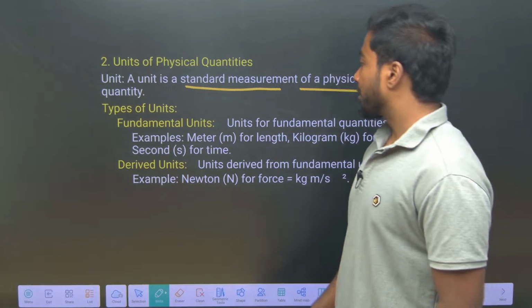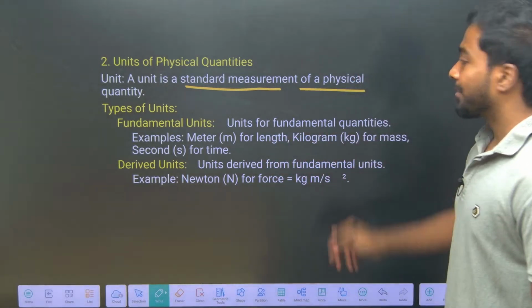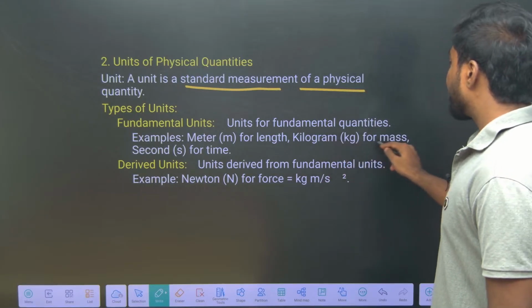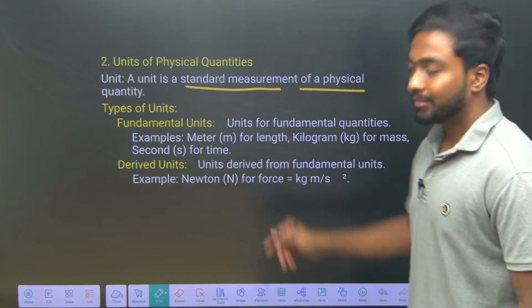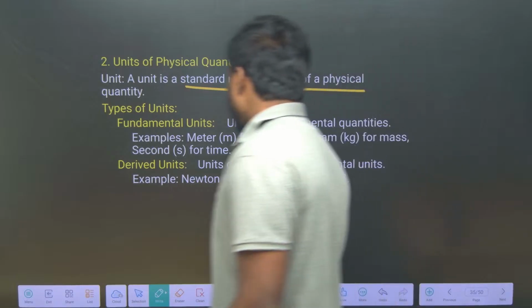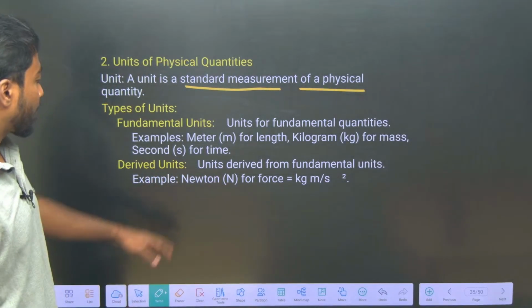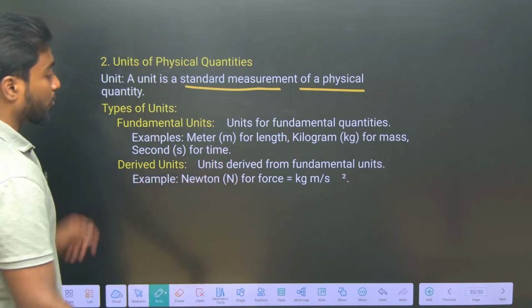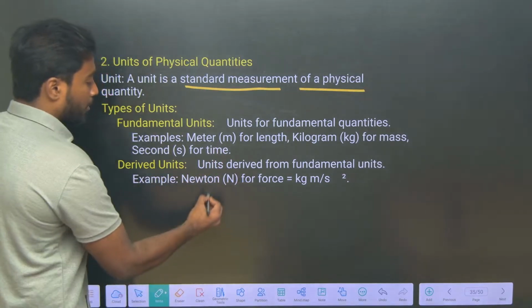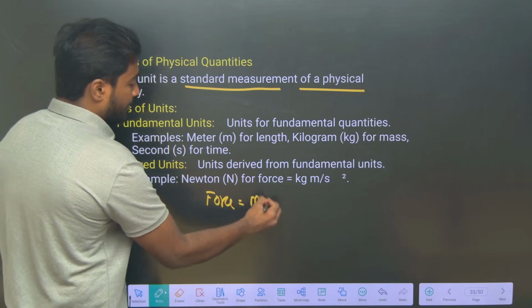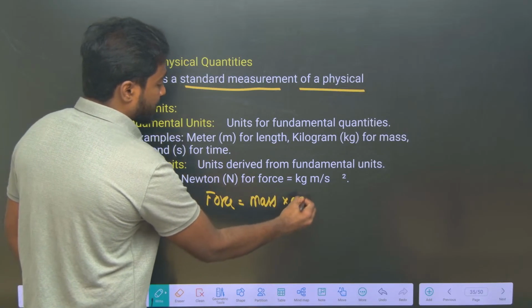Types of units. Units of fundamental quantities are meter, m for length, kilogram, kg for mass, seconds, s for time. For derived units, take for example the Newton, the unit of force. Force is equal to mass into acceleration.